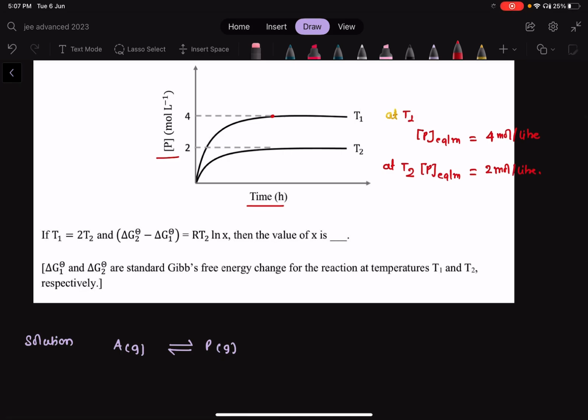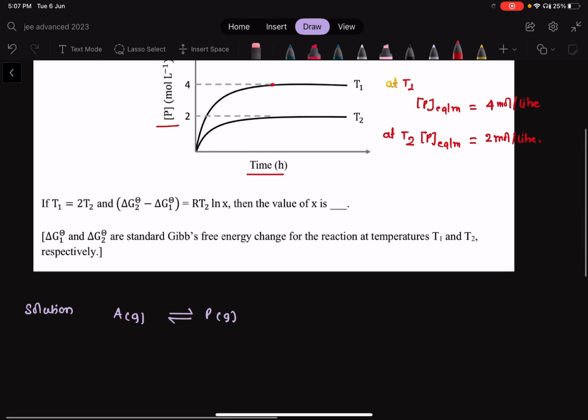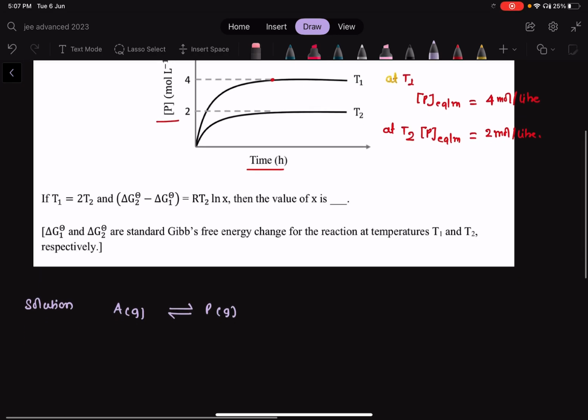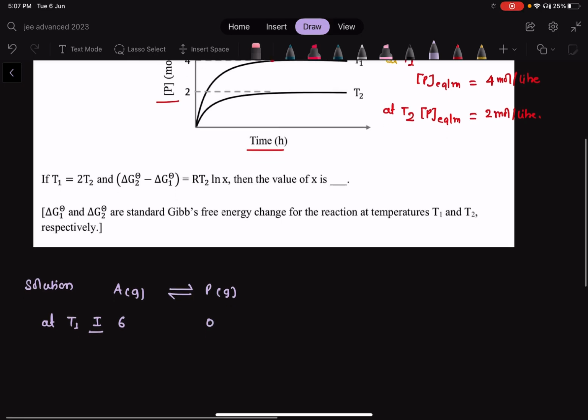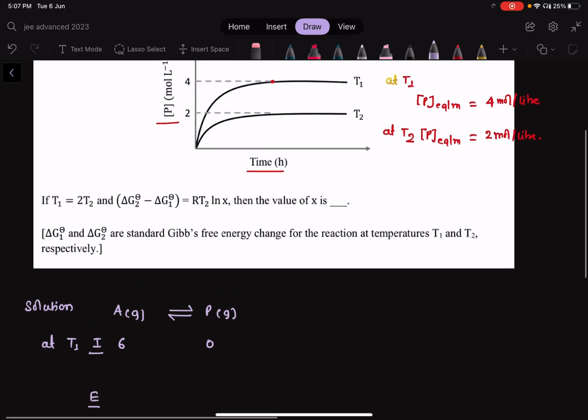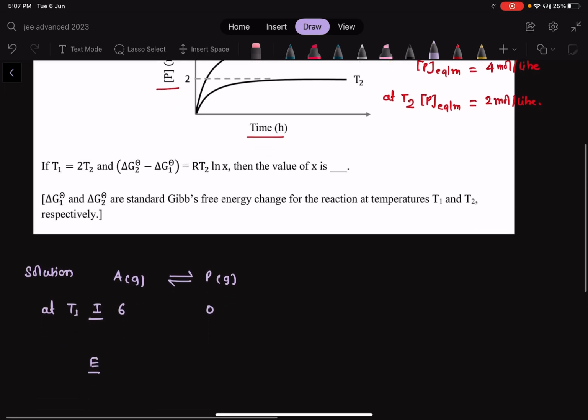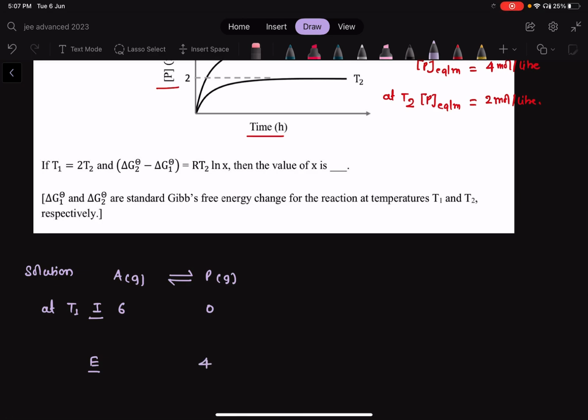So we can draw the ICE table at temperature T1 and T2 respectively. At T1, initially 6 moles of A are present and 0 moles of P, and now at equilibrium there are 4 moles of P present.